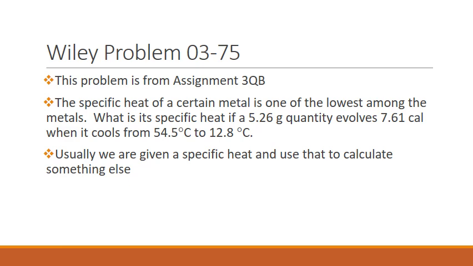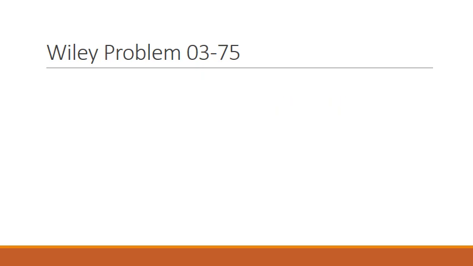This is a little bit different because usually we're given a specific heat and use it to calculate a temperature change or how much heat is evolved or absorbed. In this case, we are going to calculate specific heat. That's all right. If we follow our advice and pay attention to the units, we can make this problem work.